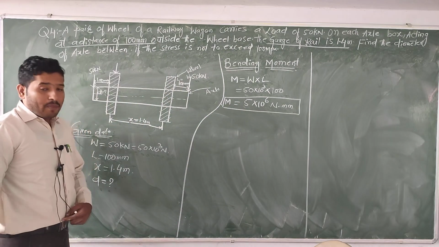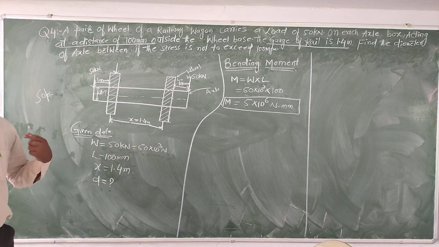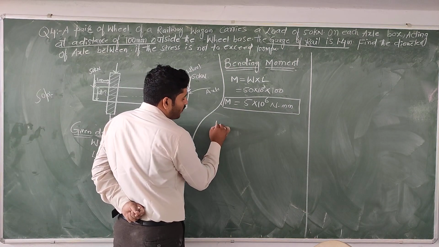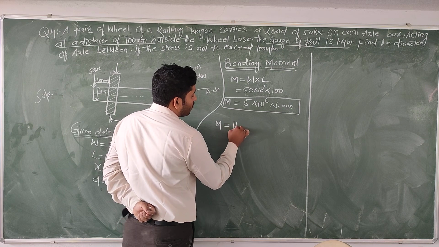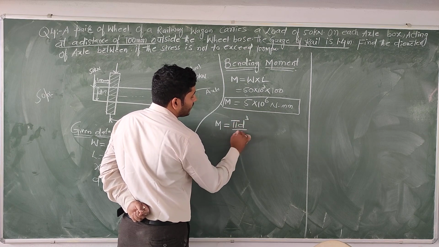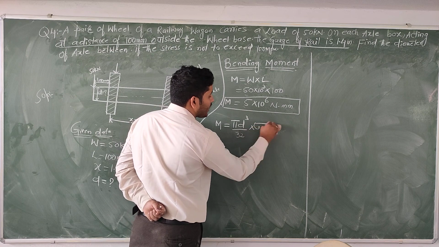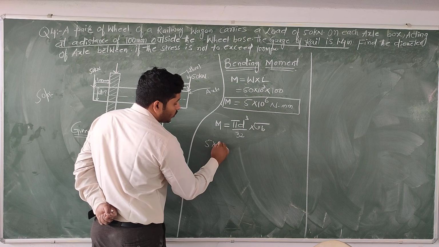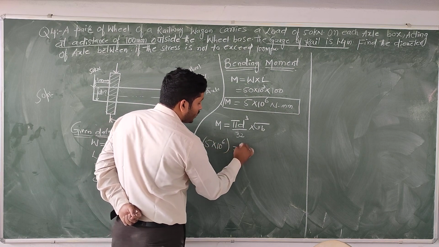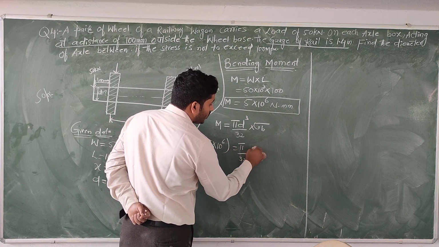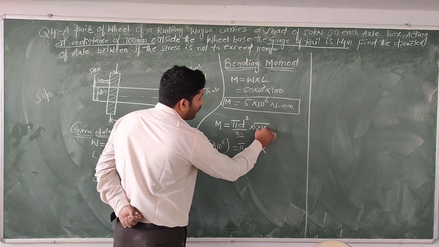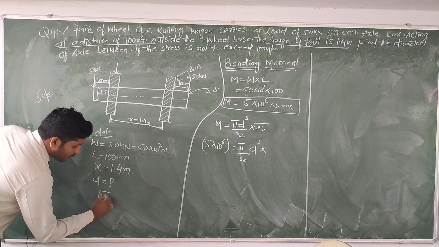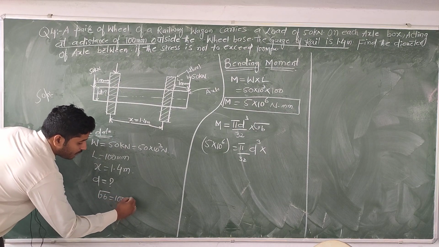With the help of the bending moment, we can easily find the diameter of the axle. What is the formula of bending moment? M is equal to pi d cube by 32 into bending stress. So 5 into 10 power of 6 equals pi by 32 d cube into bending stress. The stress should not exceed sigma b equal to 100 megapascal.